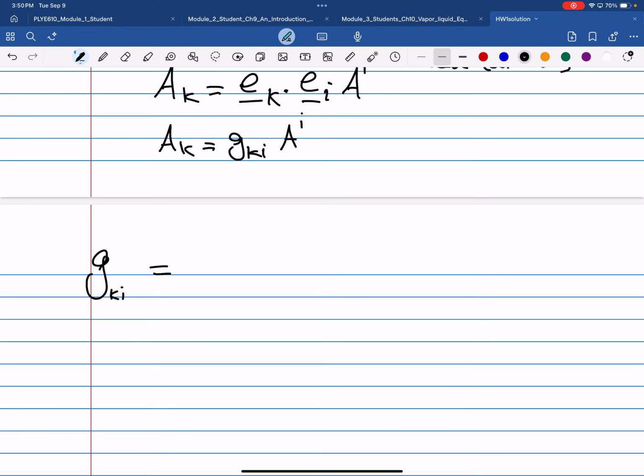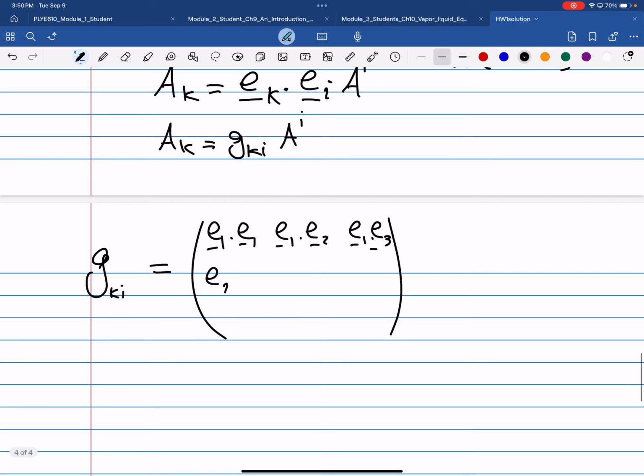Let's say G K I, I'm going to put everything in a big matrix. So this is going to be E1 E1, E1 E2, E1 E3, then E2 E1, E2 E2, E2 E3, and E3 E1, E3 E2, E3 E3.